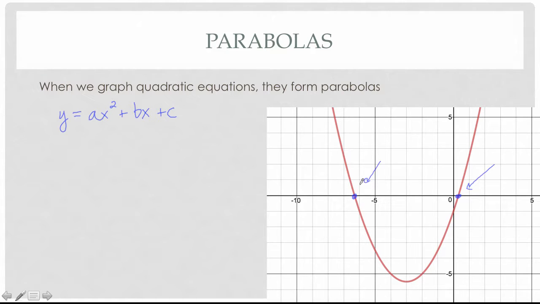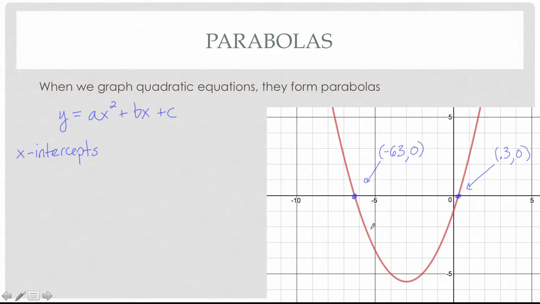So it's going to cross the x-axis twice. It looks like one x-intercept is at negative 6.30, and the other one is at positive 0.30. So we have to look for our x-intercepts, right? And unlike lines, parabolas, which we call this thing, often have 2 x-intercepts. Sometimes only 1, sometimes none.